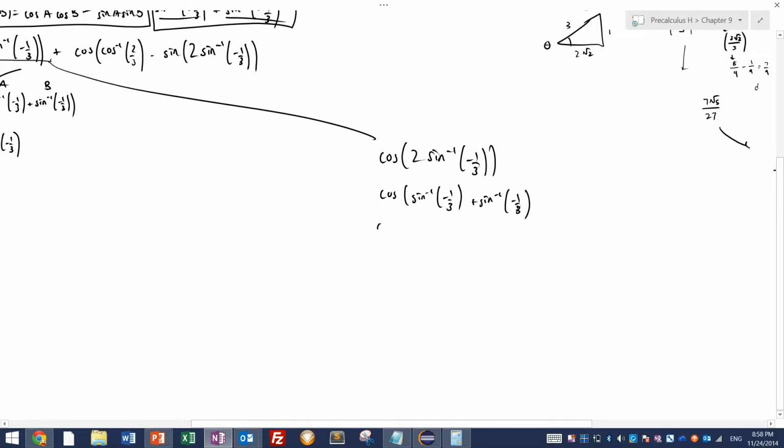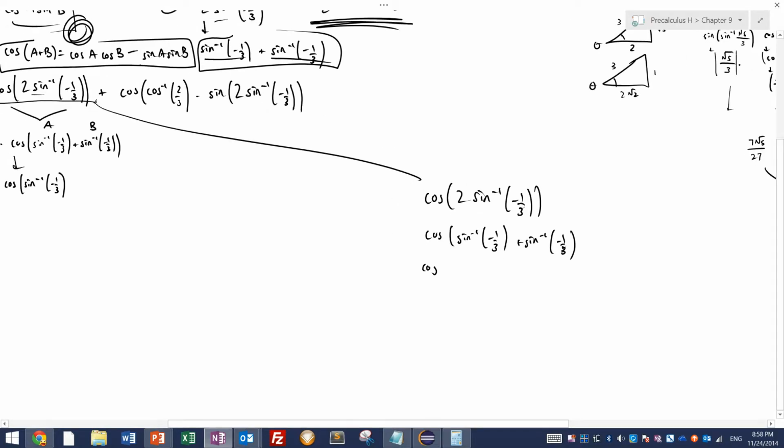And so we're using this law here in order to solve this. And now, since A and B are the same in this case because of the coefficient, which makes it x plus x, cosine A times cosine B is going to equal just cosine A or B, whatever, squared, because A and B are the same.